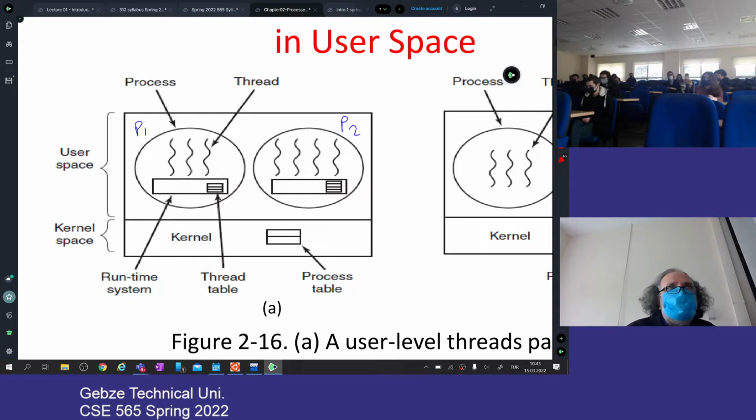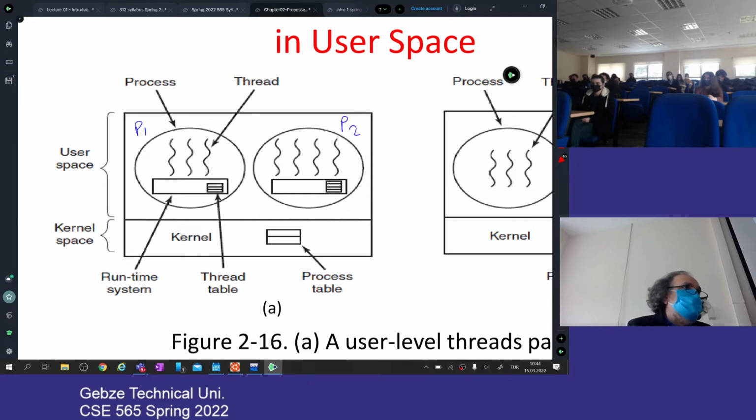Whenever they need to, for example, open a file or read from the network, they make a system call, and the kernel answers that, and they will continue, right? So no problems for that one. That's why this is a nice solution if your operating system doesn't support threads. So I have implemented everything myself inside my process.